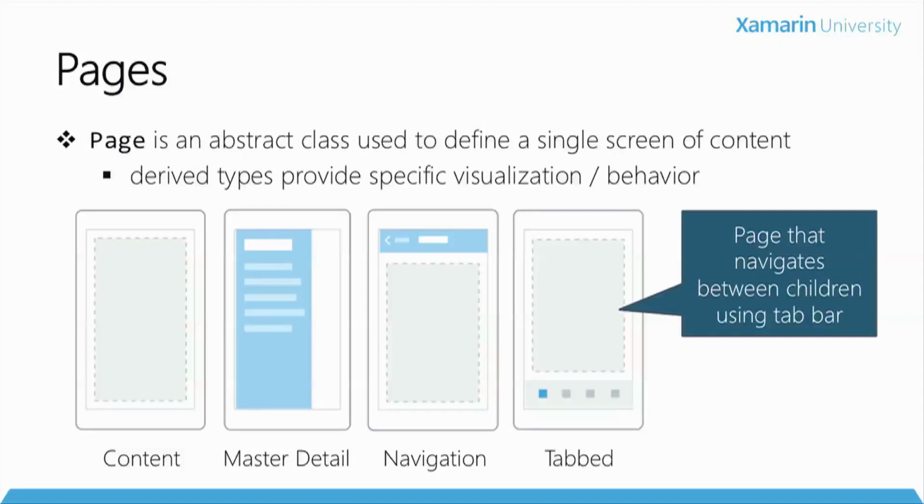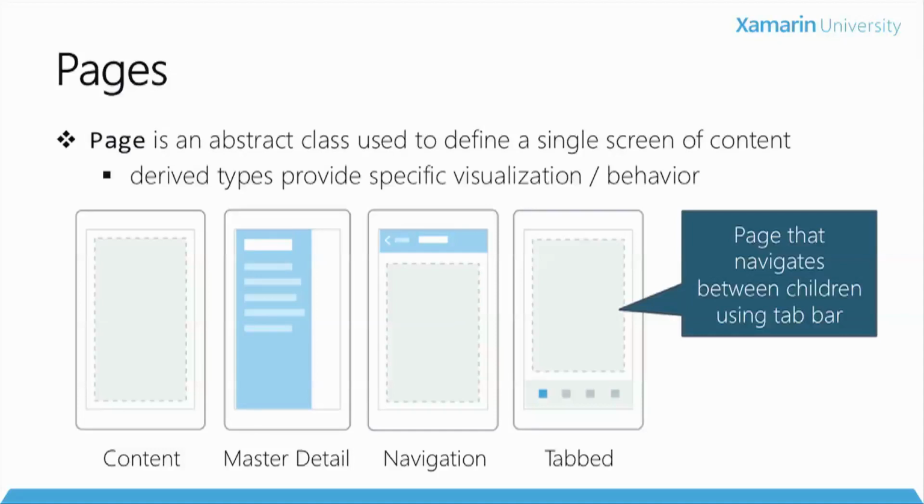So again, if we run on iOS, this will turn into a UI tab bar controller, and it will use other native UI implementations on the other platforms. So you will get something that looks and feels truly native. And the reason why it does so is because it is truly native. You just happen to describe it in an abstract way with Xamarin.Forms.